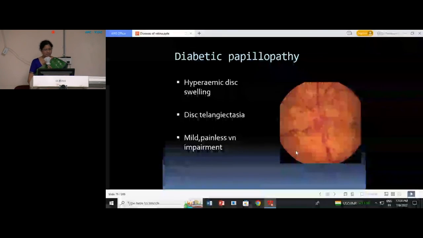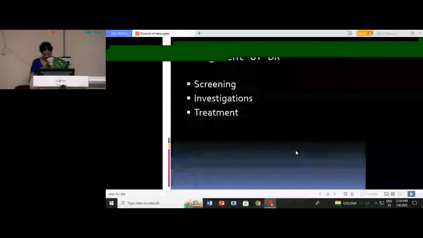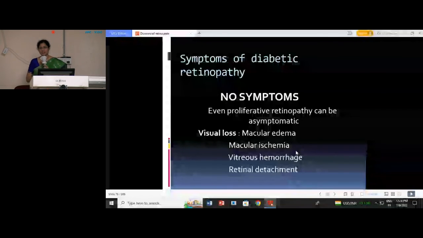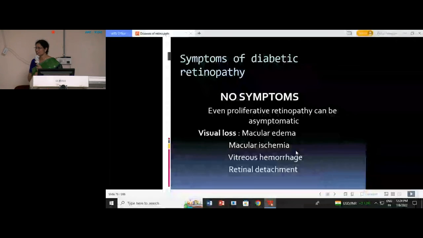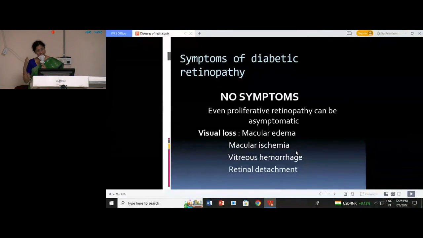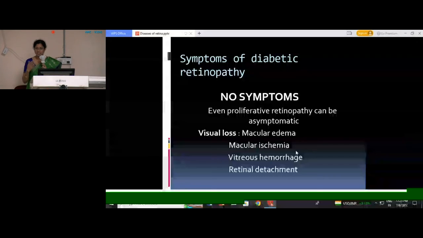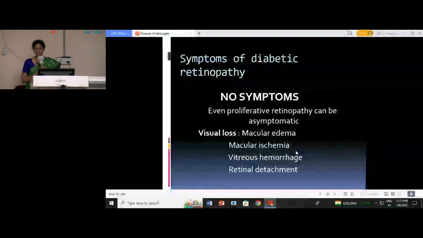Then coming to symptoms of diabetic retinopathy. So there won't be any symptoms in most of the cases, even in stage of proliferative diabetic retinopathy. So it's very important. That means even in advanced proliferative diabetic retinopathy, there won't be any symptoms unless it is associated with macular edema, macular ischemia, vitreous hemorrhage or retinal detachment.